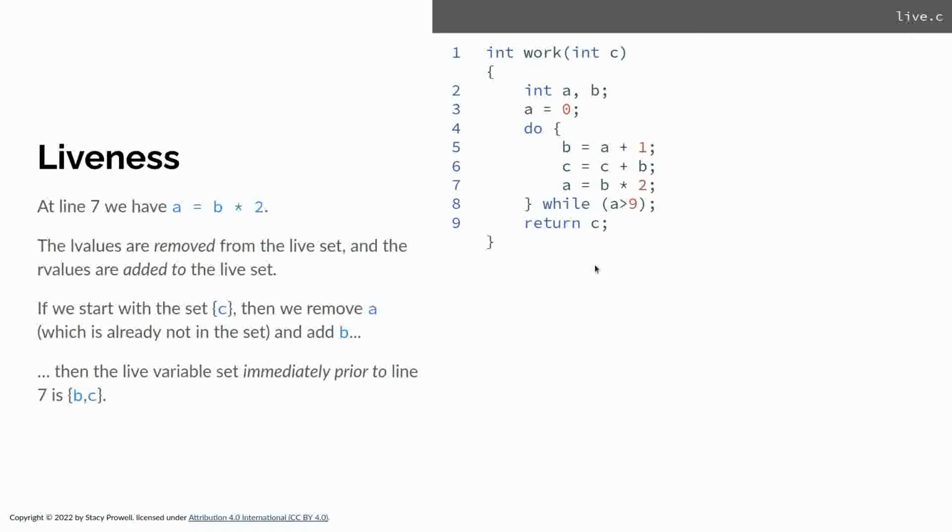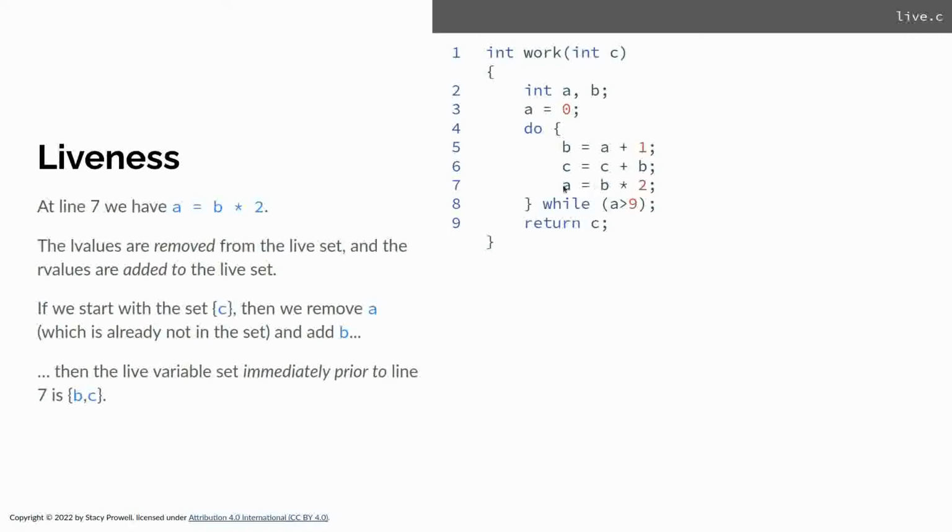So at line 7, we have A gets B times 2. We can think of the analysis we want to do for this like it says here. L-values: in this case, for this instruction, A is an L-value. It's a value that gets written. And B is an R-value. It's a value that gets read. So L-values can be removed from the live set because we're overriding them, and R-values get added to the live set because we're using them.